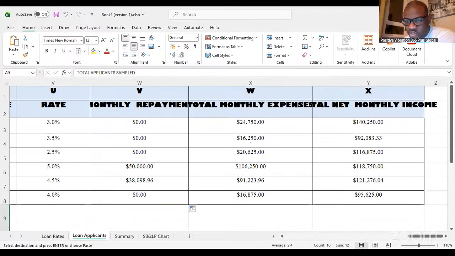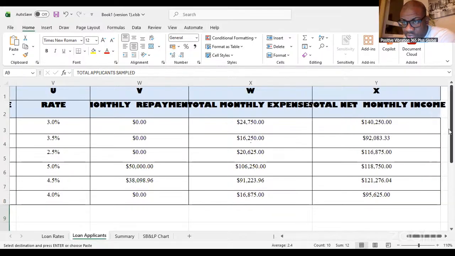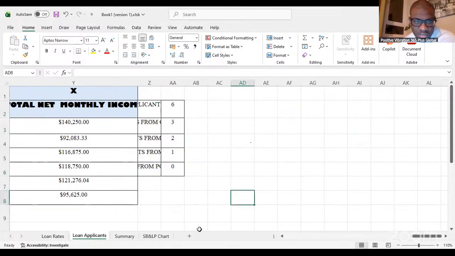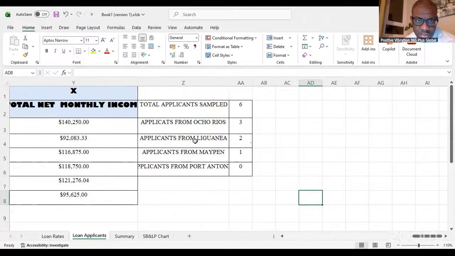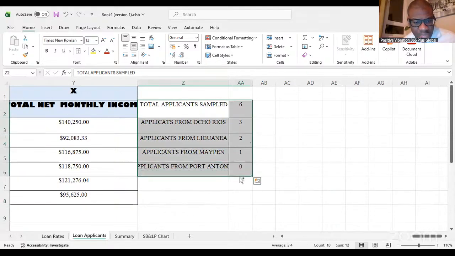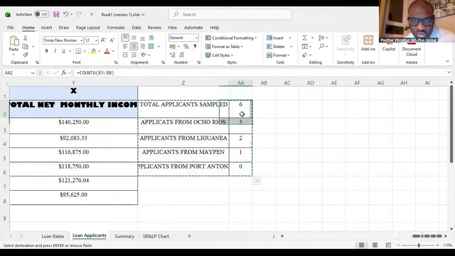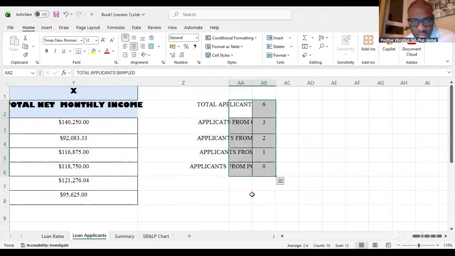Because you're going to have more data to enter, and so ideally it would be better to be elsewhere. So I'll just make it a separate table.